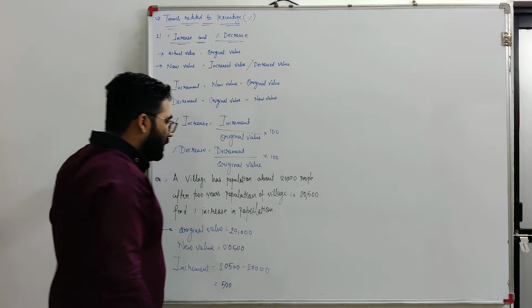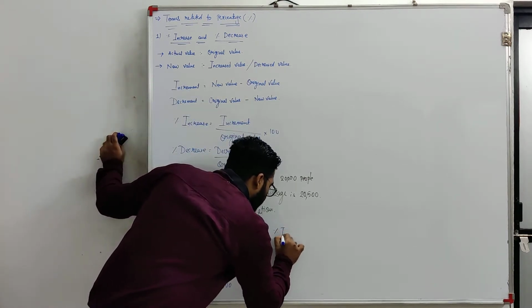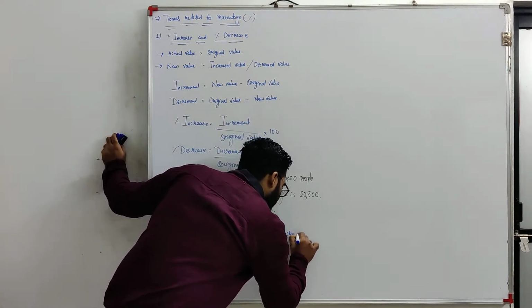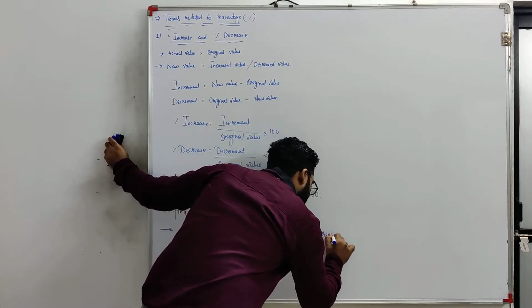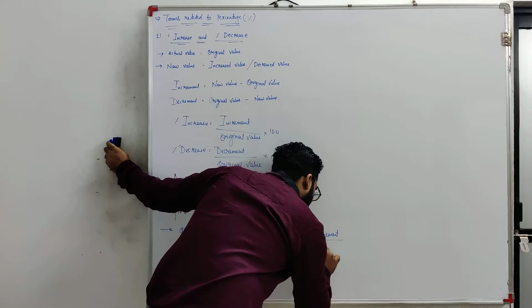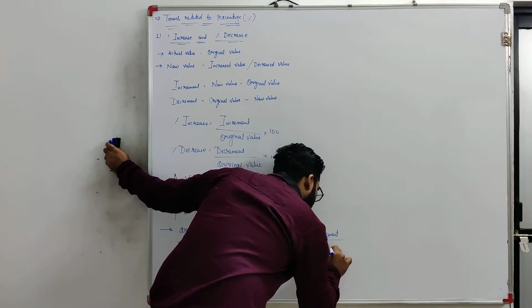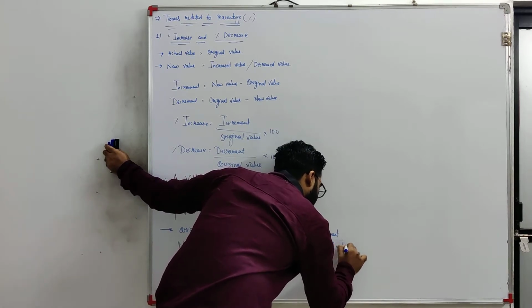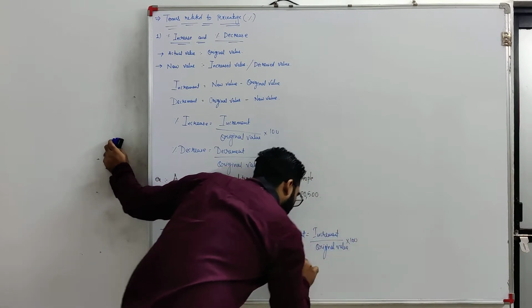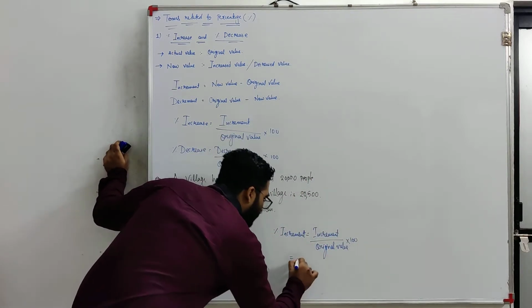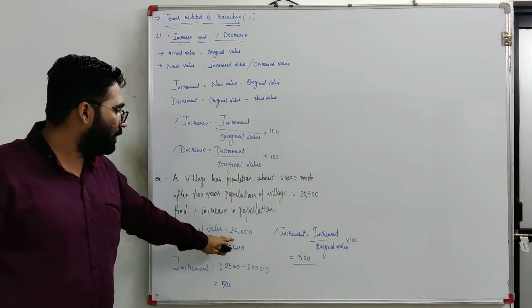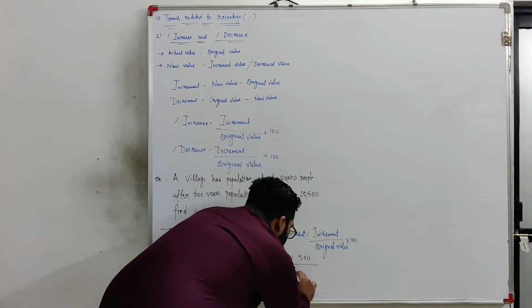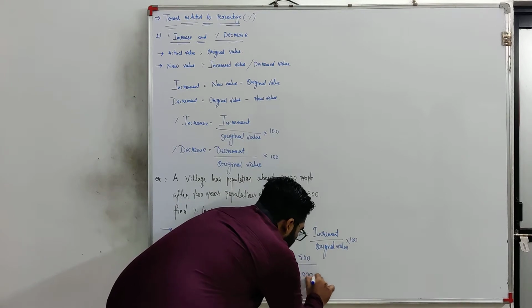So what is the percentage increment? Percentage increment is equal to increment divided by original value into 100. Therefore it becomes 500 divided by the original value, which is 20,000, into 100.